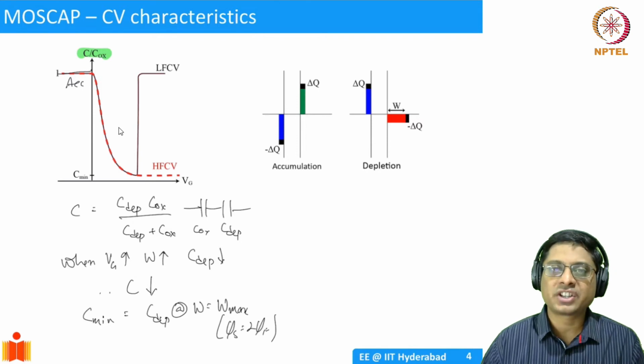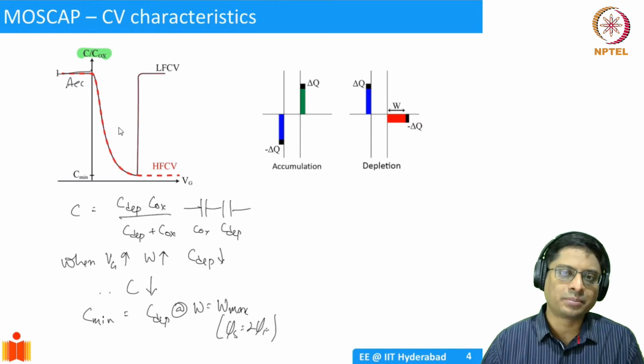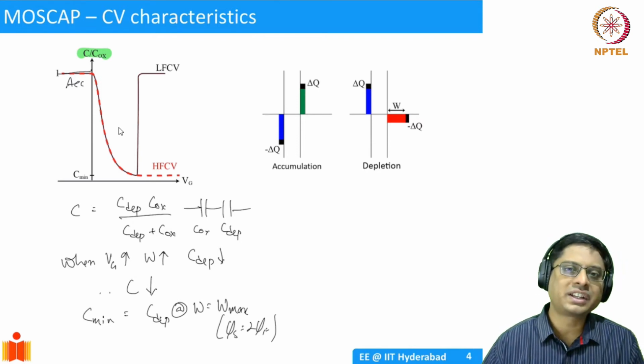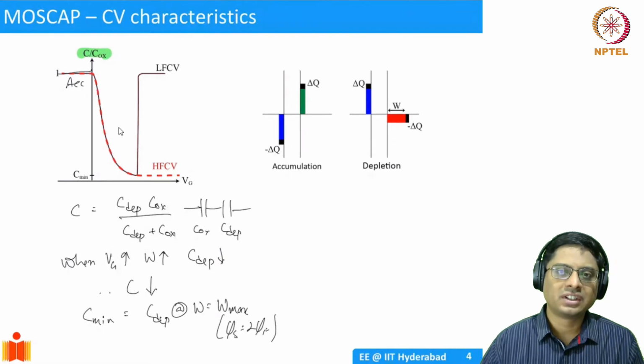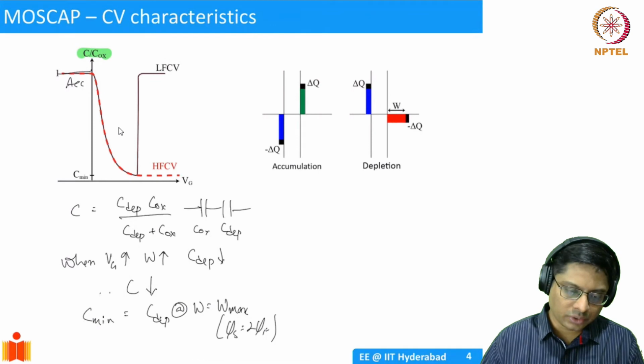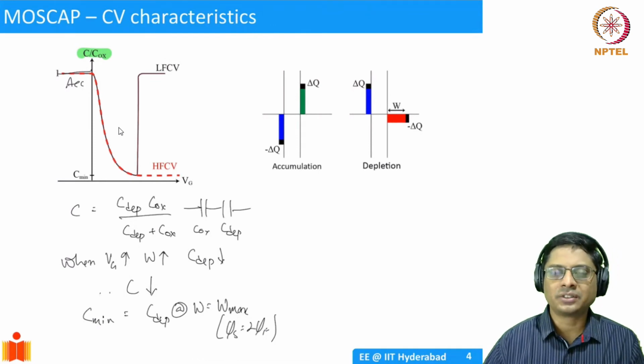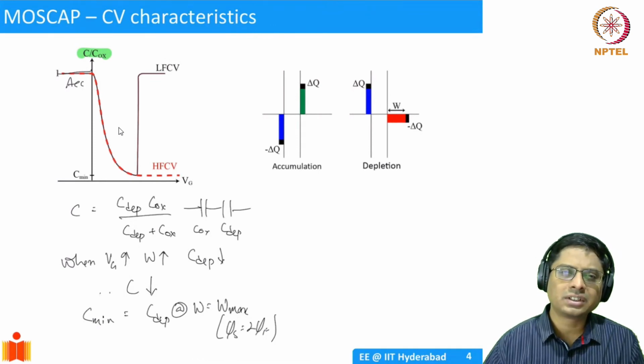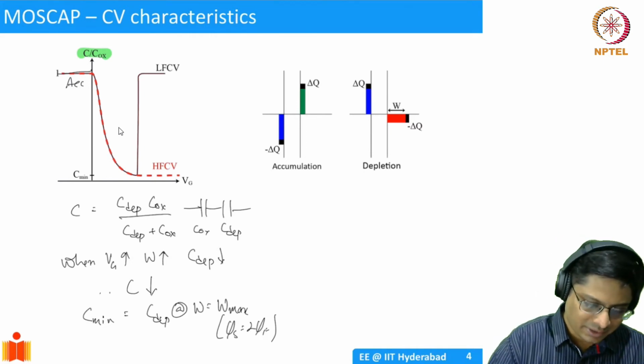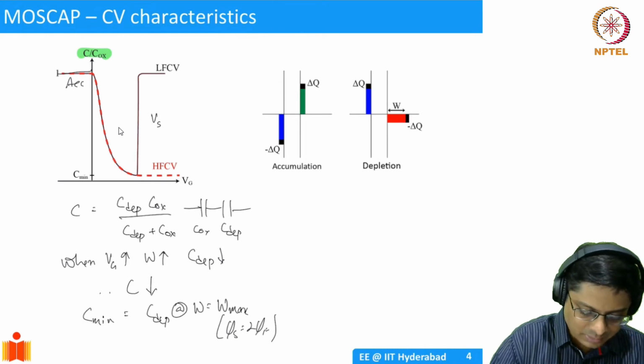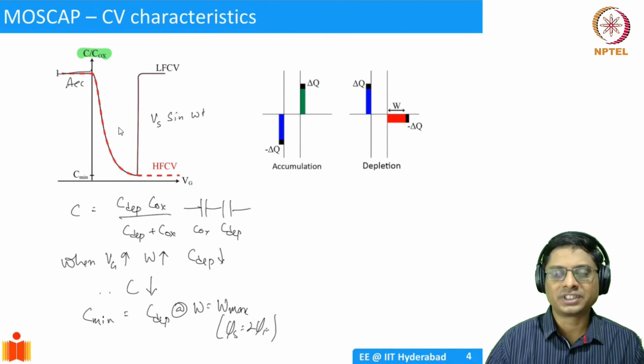So why does the majority carrier response time play a role here? We said majority carrier response time is very fast compared to the applied frequencies. So in CV, we tend to make measurements at quite different frequencies. One of them we call low frequency, one of them we call high frequency. Remember, we talked about an AC component, a small signal, which has an omega term, a frequency term.